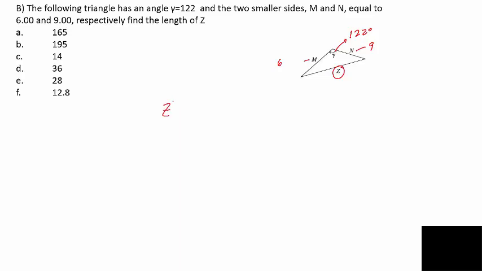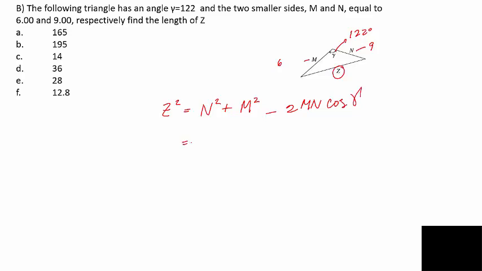So expressed with the same notation as here, c squared equals n squared plus m squared minus 2mn cosine of gamma.